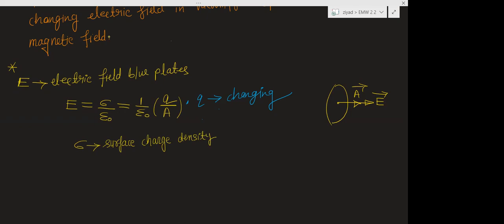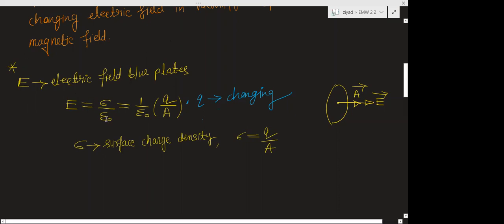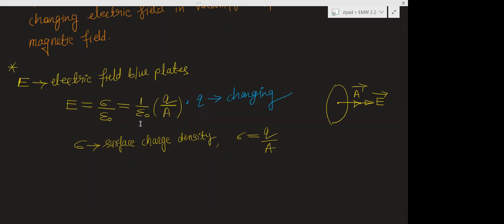And what is surface charge density? Sigma is equal to the charge on the plates of the capacitor divided by the area of the plate. So this sigma by epsilon naught can be written as 1 by epsilon naught, and in terms of sigma, you can put charge divided by area.